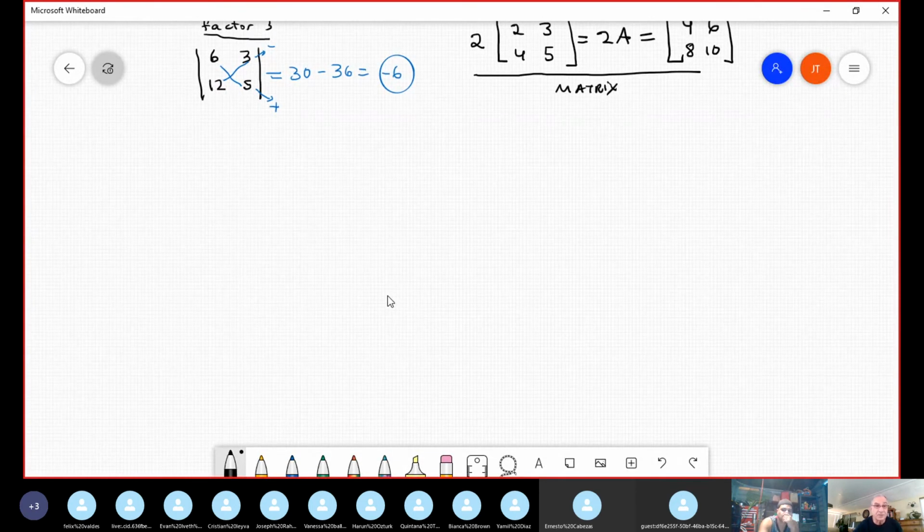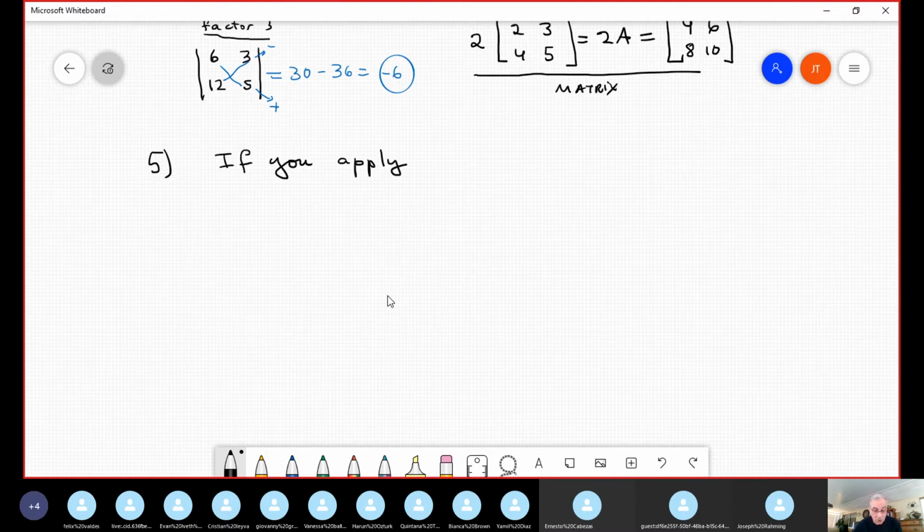Okay. Property number 5. Property number 5 says, this is extremely important. In my opinion, this is the most important. If you apply row operations, I suppose that you remember row operations. When you study echelon, we study row operations.